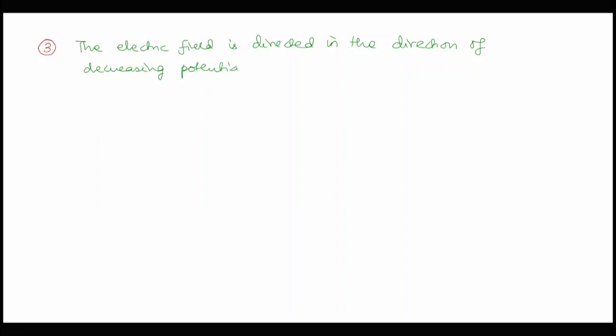So we say that the electric field is directed in the direction of decreasing potential.